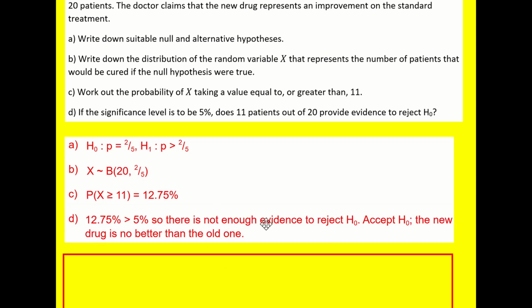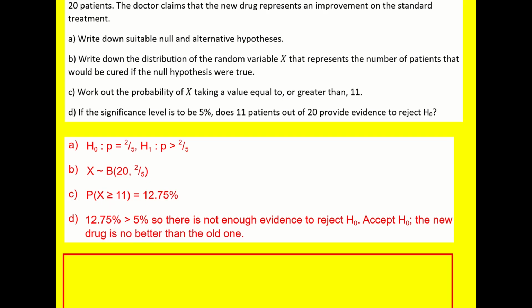There's not enough evidence to reject H0, and you would say, accept H0, the new drug is no better than the old one. Of course, we might need to do more trials. Maybe you'd say at this level of significance and with this evidence, the new drug is no better than the old one. But we have to make a conclusion at the end of the day.